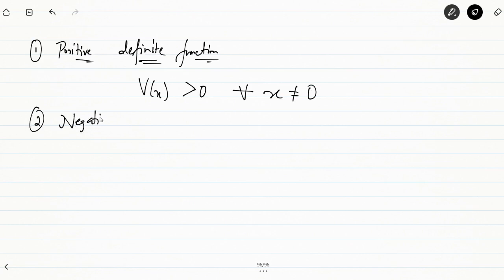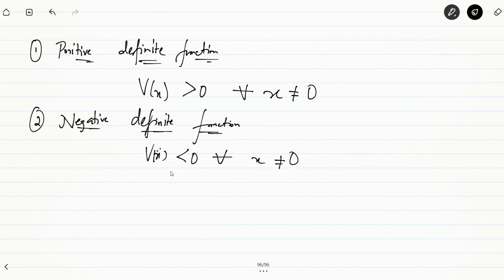If in case v of x is negative for all x not equal to 0, then the system is said to be a negative definite function.